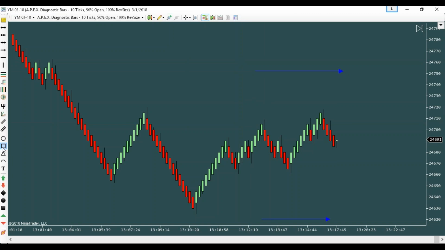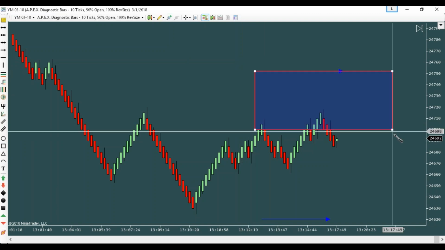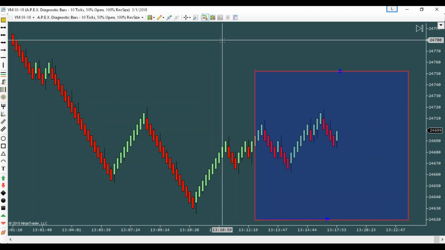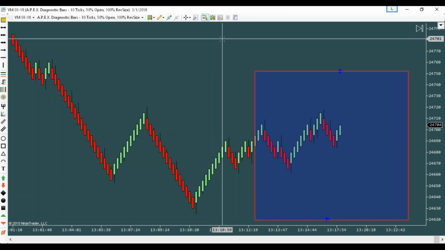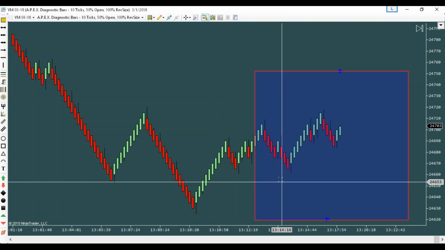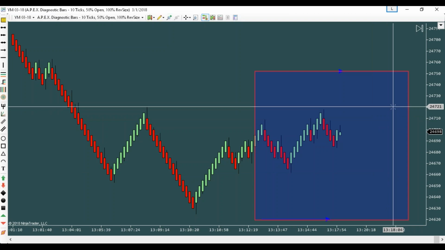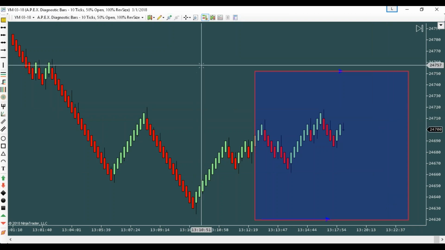Well, what did I kind of do there? Between the two binaries, I kind of created a box for myself, right? A range. Remember, what was this webinar about? Range-bound trading. So as long as the market stays in this range until expiration, then both of those binaries would expire profitably.